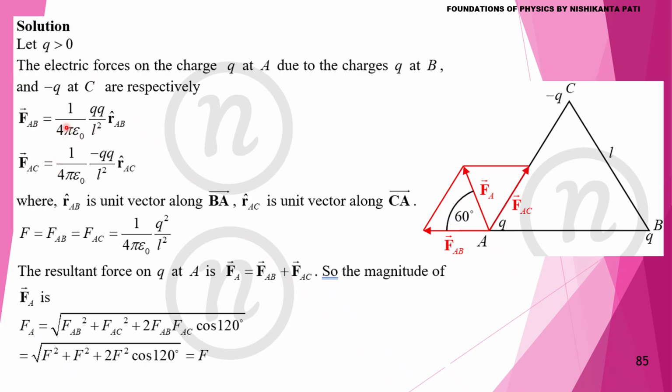Magnitude of the two forces are same. This is a rhombus. This is 60 degree. This is 120 degree. So this is 60. This is also 60. The resultant magnitude is root of a square plus b square plus 2ab cos 120.